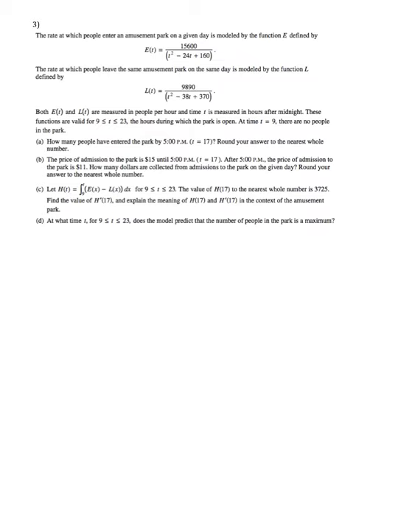In this case there weren't, but sometimes we have to worry about that sort of initial condition. So for part A, how many people have entered? Because we're given the rate at which people enter, we know that the definite integral of that rate is going to give us how many people enter.